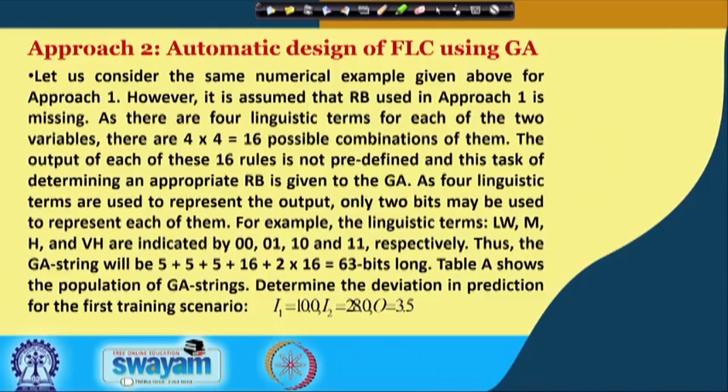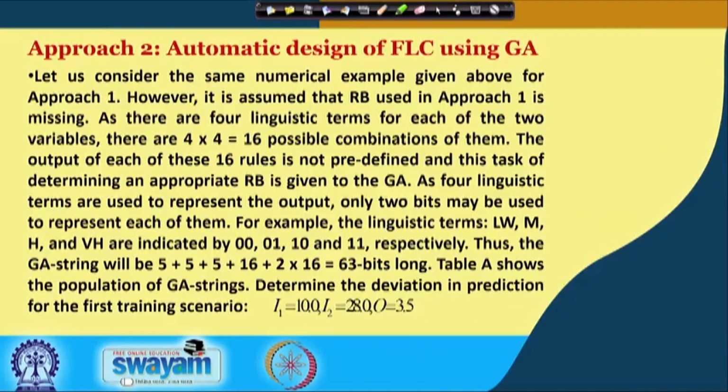After that, we use one optimizer, say a nature inspired optimization tool like a genetic algorithm, to tune its database and rule base. This genetic algorithm, through a large number of iterations, will try to find out what should be the optimal knowledge base for this fuzzy reasoning tool.